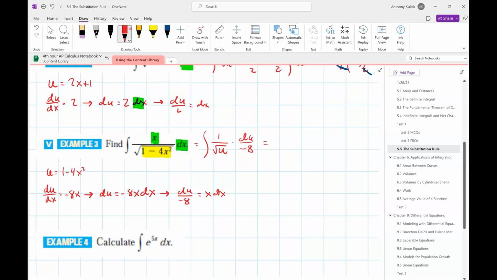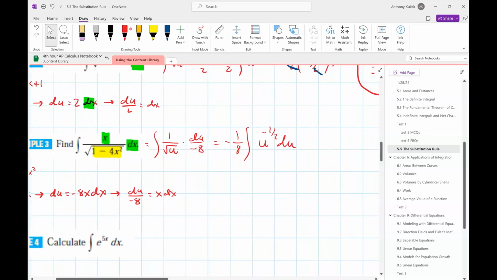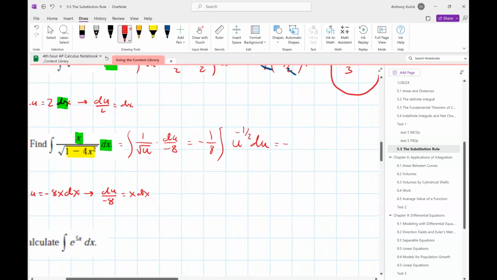So let's see, we can pull that negative 1/8 out front. I'm going to rewrite that 1 over the square root of u as u to the negative 1/2. What's the antiderivative of u to the negative 1/2? And then plus c.